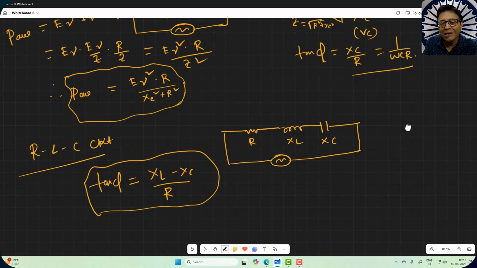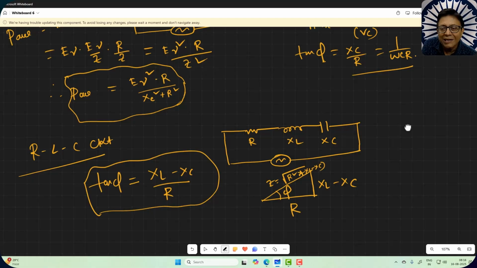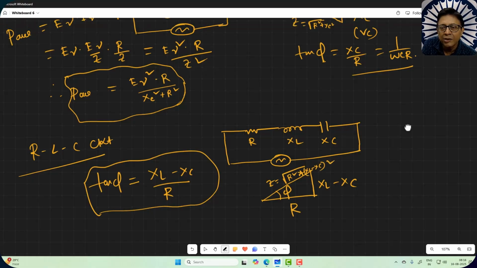So in an impedance triangle, this will be what? That is impedance, Z equal to root of R square plus XL minus XC whole square.